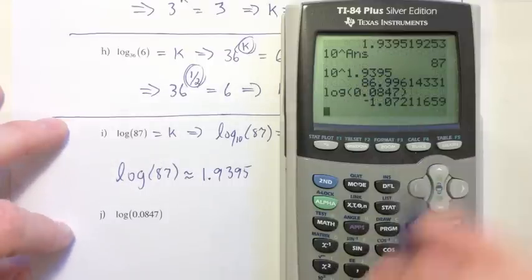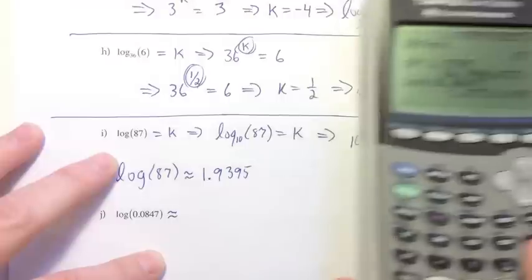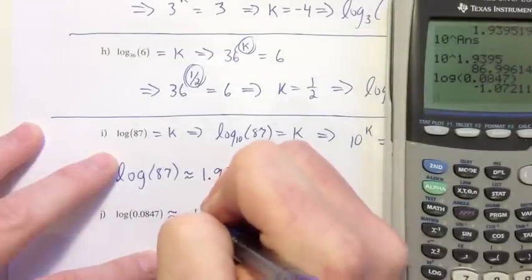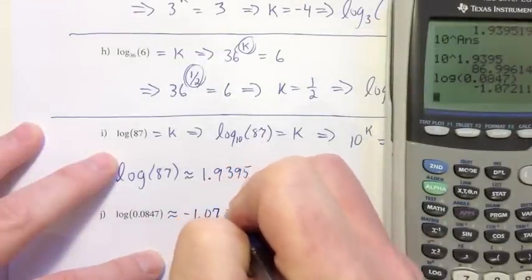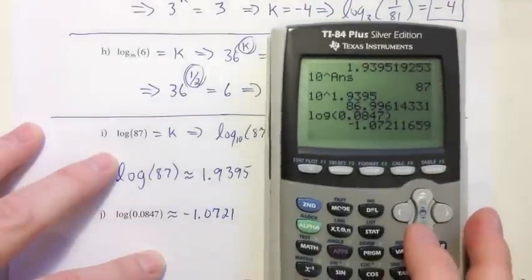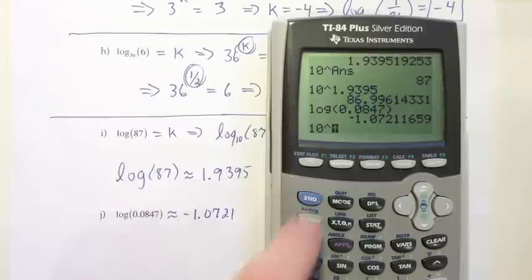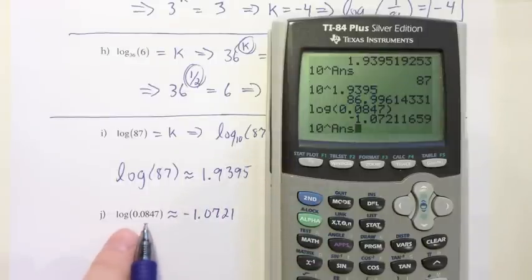I'll follow the same rule as a moment ago and use 4 decimals, and move this out of the way a little. So negative 1.0721. Again, it's worth checking these calculator ones. It should be the case that if I take 10 and raise it to the answer I just got, I should get 0.0847. So let's see.